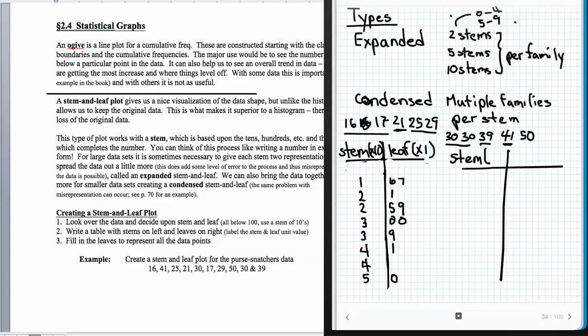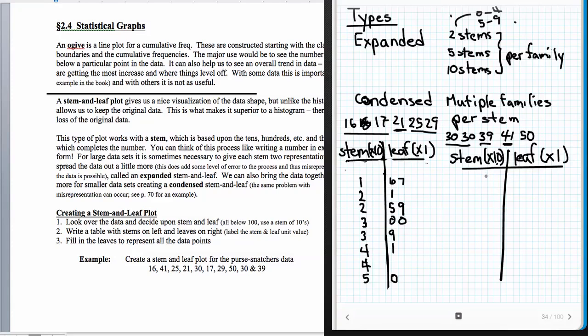Because in the stems and leaves there's not really any room for the units, I would want to title this as the ages of purse snatchers in years. And I always want to put in the units for my stems and the units for my leaves so my readers have an easy time of reading this.